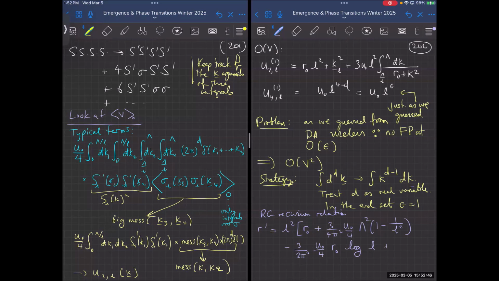And then there's higher order terms, order epsilon U naught, R naught squared, U naught, and so on.